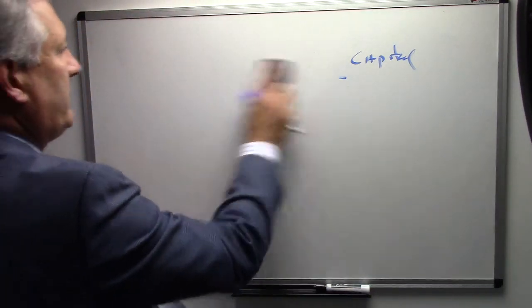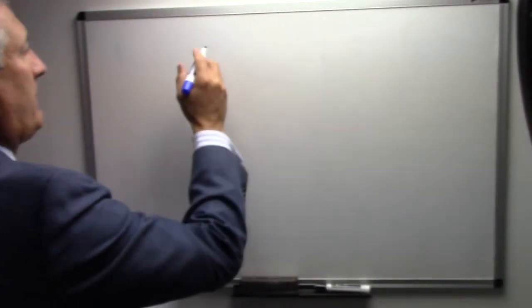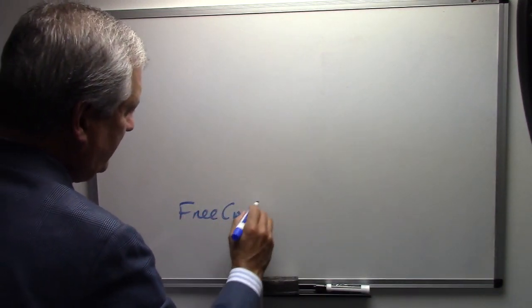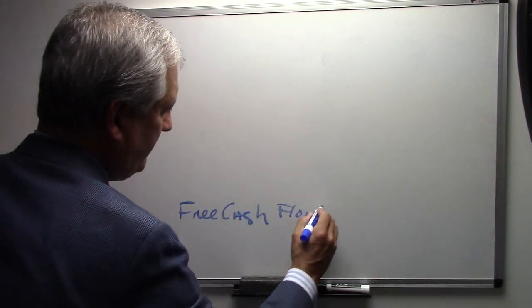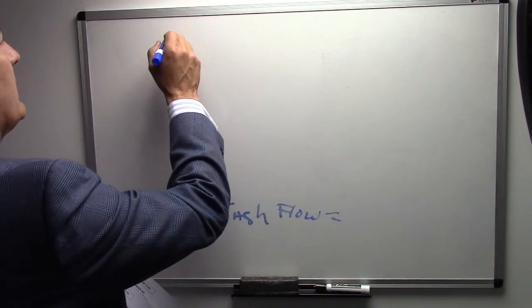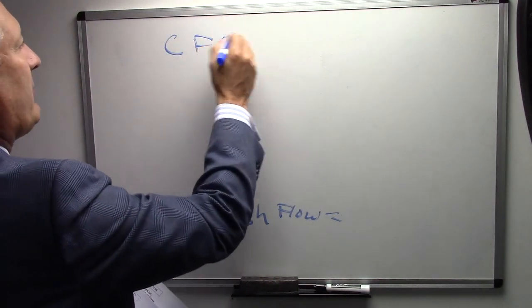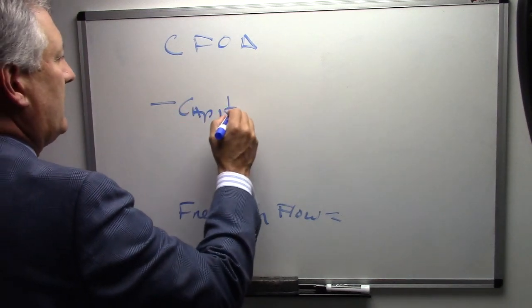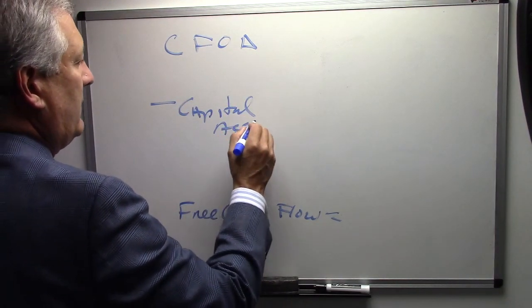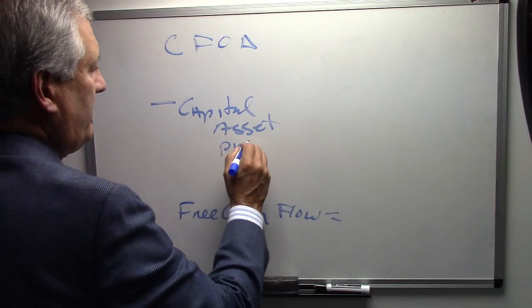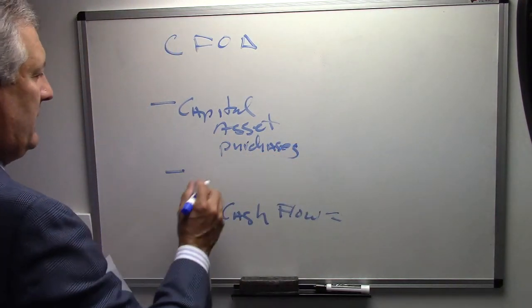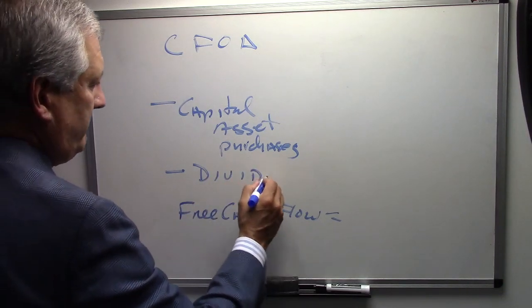Let's do this another way. Free cash flow: cash flow from operating activities minus capital asset purchases less dividends, right?